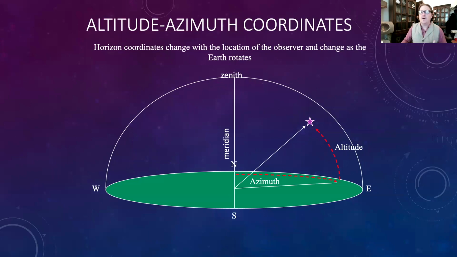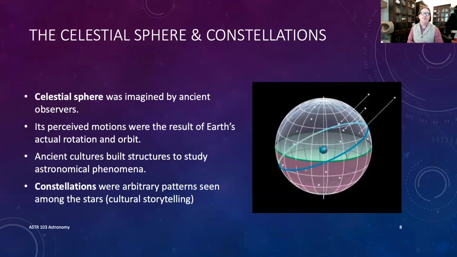And so if you want to collaborate with even someone that is a few miles away, depending on the precision of your instruments, their alt-az coordinates for a particular star at a particular time are going to be different than what you measured. So if you want a more usable or collaborative coordinate system, you then need to go to an equatorial system, which is similar to this.